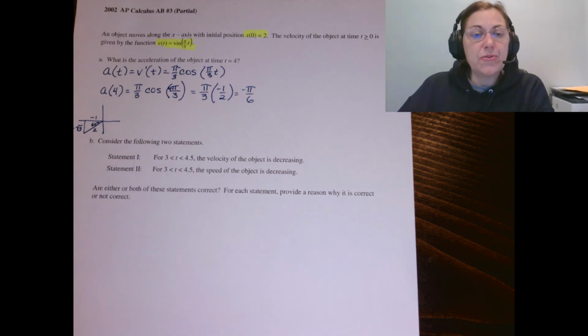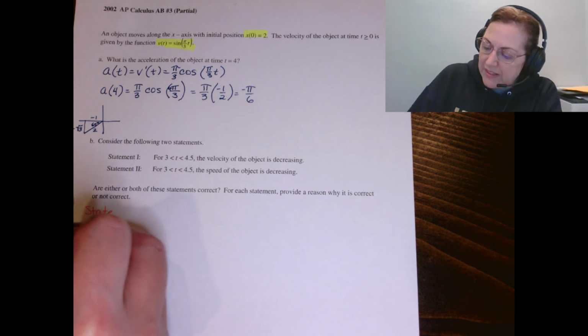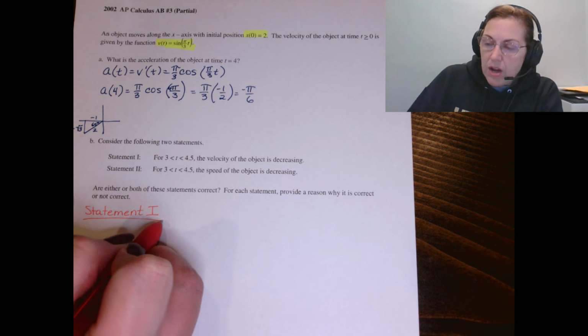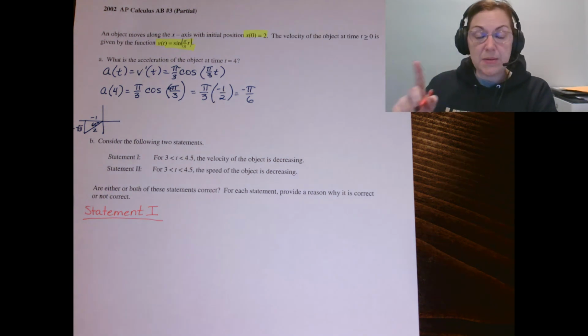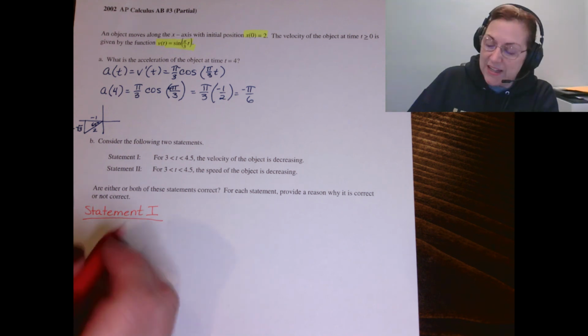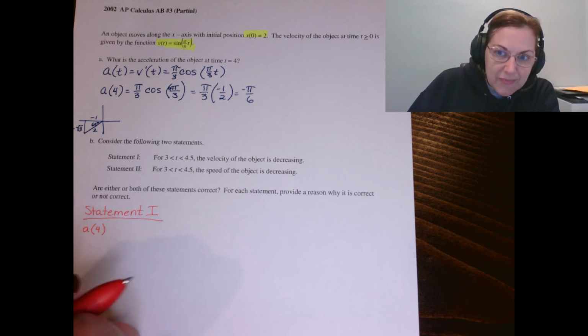Okay, so for statement 1, let's test. In order for the velocity to be decreasing, its derivative, which would be the acceleration, must be negative. So let's test the acceleration in that interval. So I'm going to use the value of 4. Why did I use the value of 4?